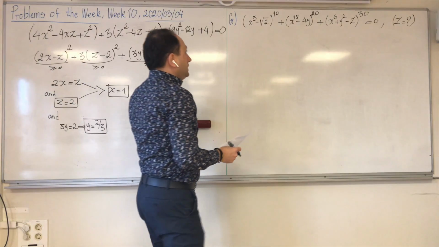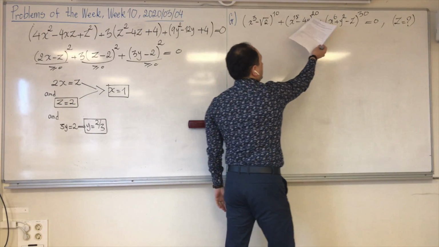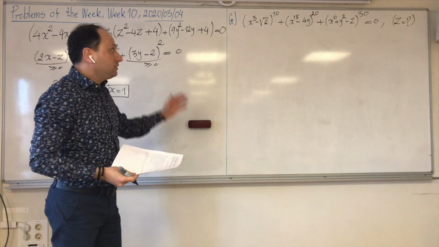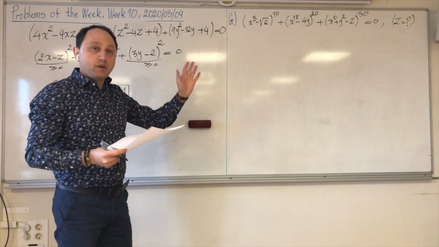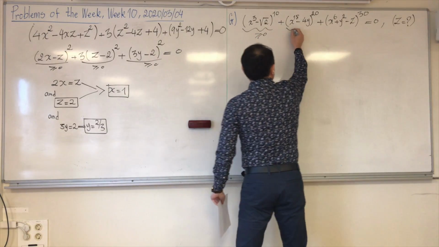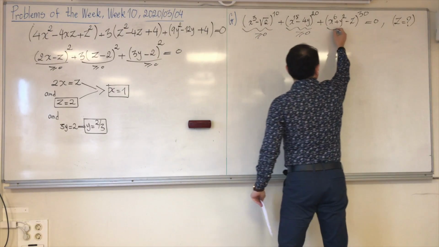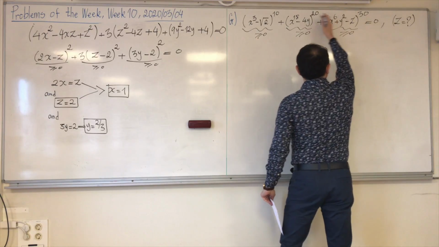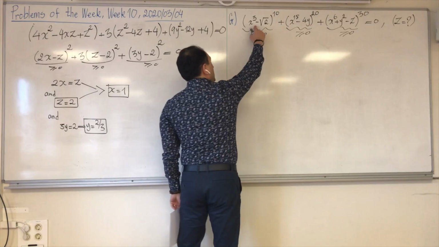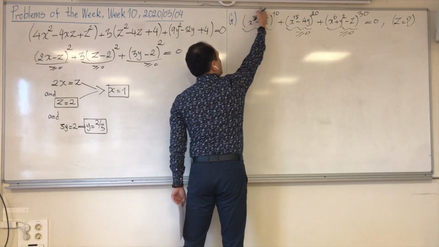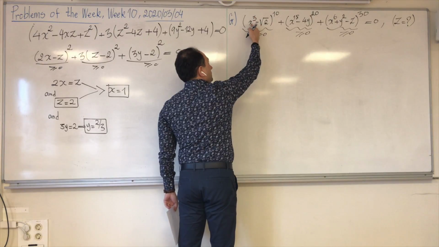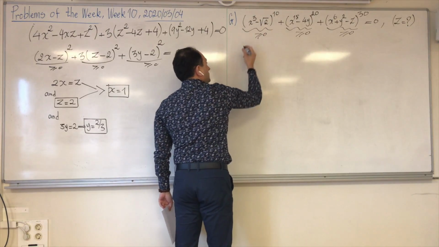Okay, but this is already in a good form. All of them have even powers, so I can immediately realize that all are non-negative and the sum is equal to 0. Same strategy, yes? So non-negative, non-negative, non-negative. Why? Because powers are even. So then each has to be equal to 0. For this expression to be 0, it is necessary and sufficient that the base is equal to 0.